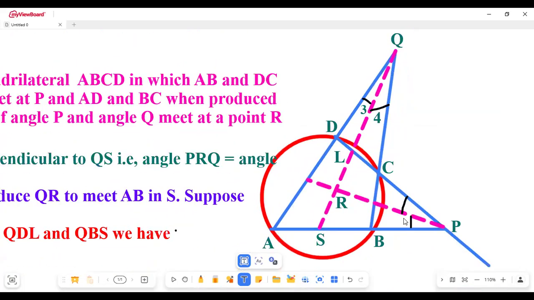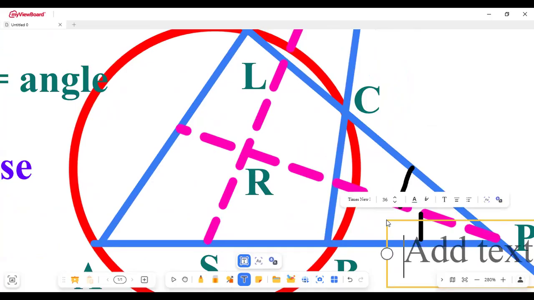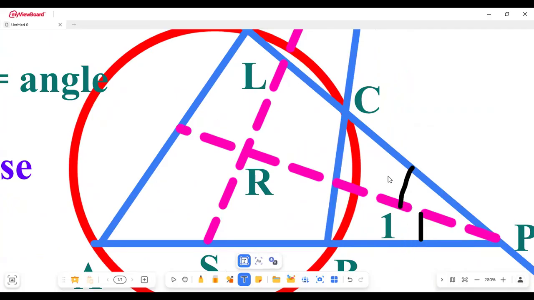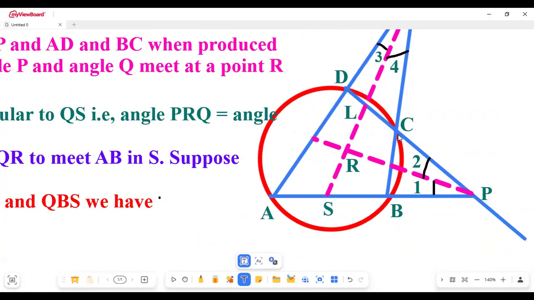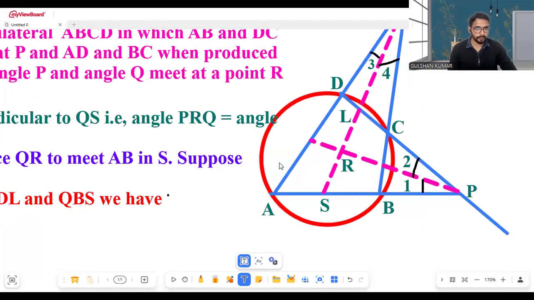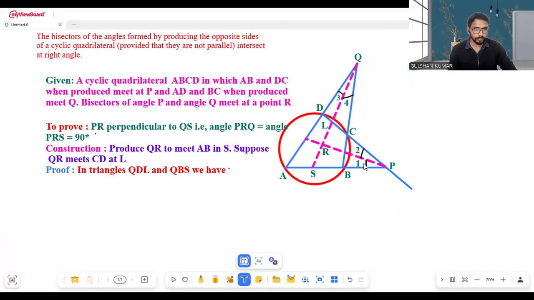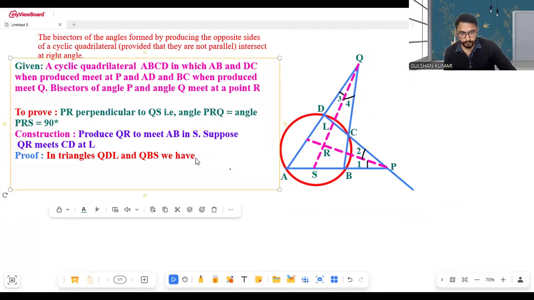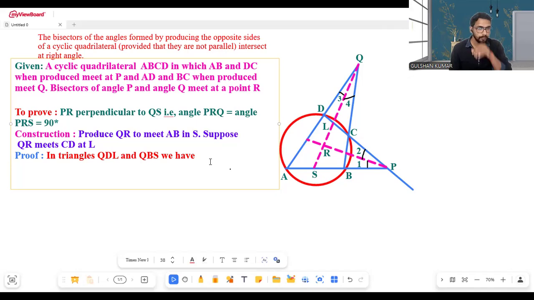Let us zoom out and write over there. This is 1 and this is angle 2. So these angles are 3, 4, 1 and 2.